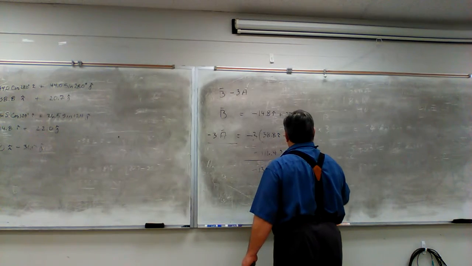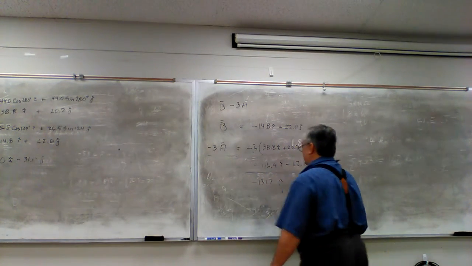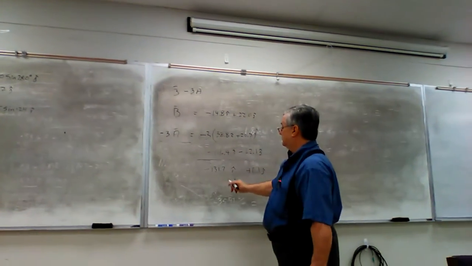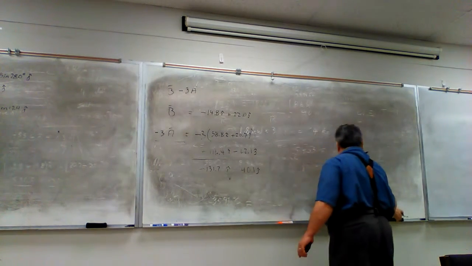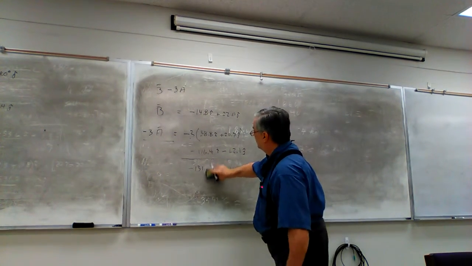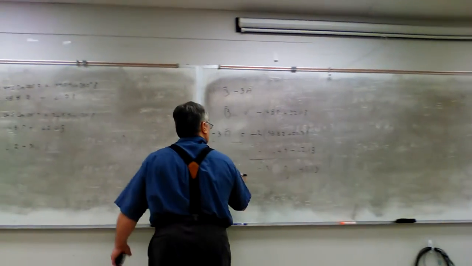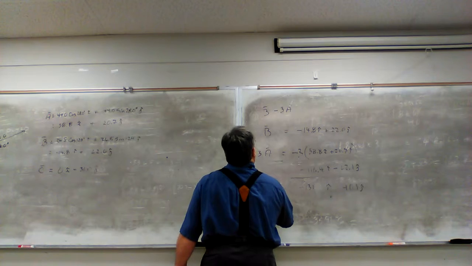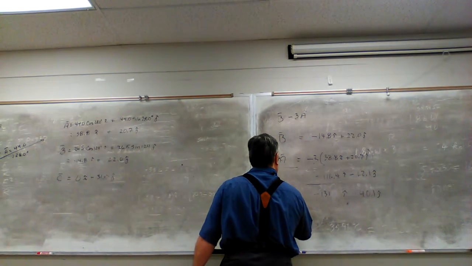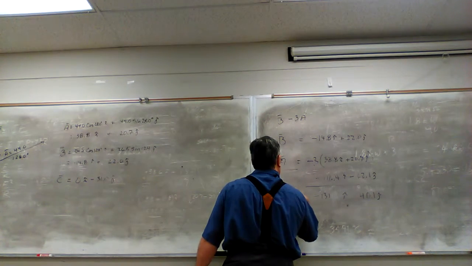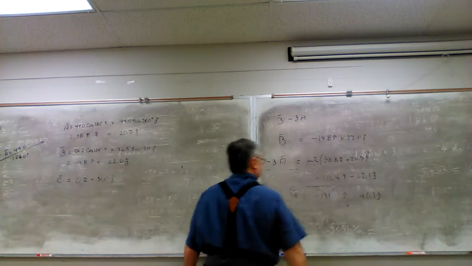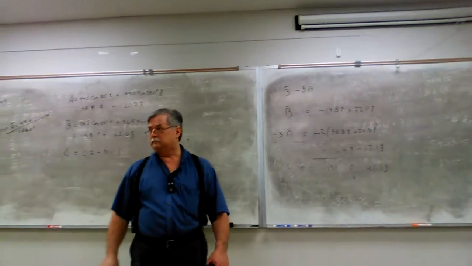Minus 40.1 J. Now here we only need 3 digits, so that becomes just 131. And that is our vector B minus 3A. Right there.